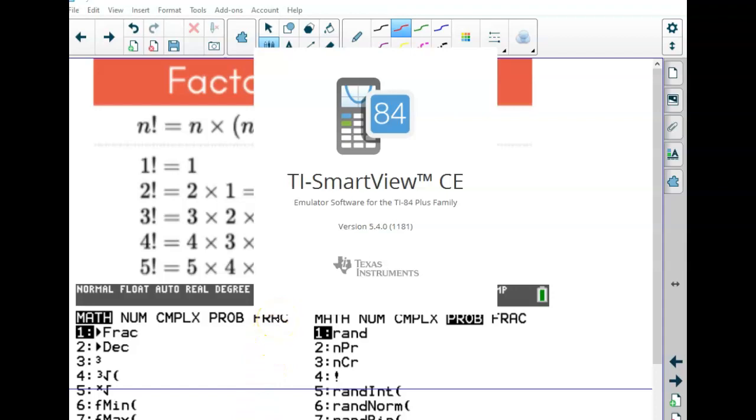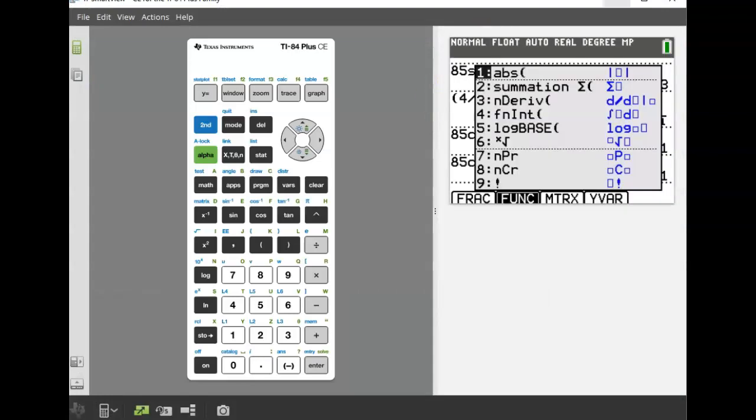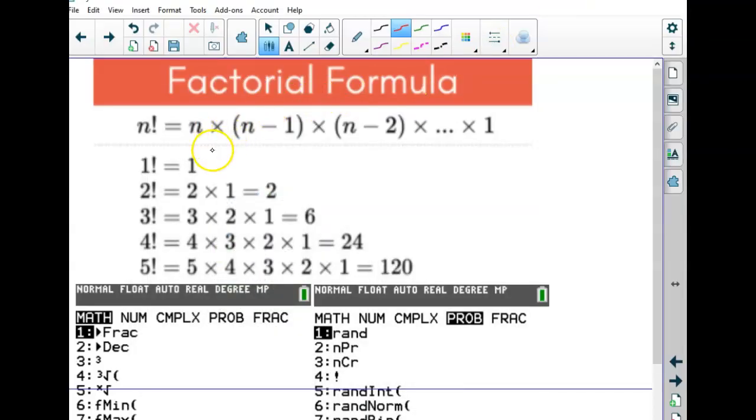A factorial is a number times, like if you told me 17 factorial, the exclamation point is the symbol, and what it stands for is 17 times 16 times 15 times 14 times 13, all the way down. At some point our calculator is not going to do these because it's too big of a number.